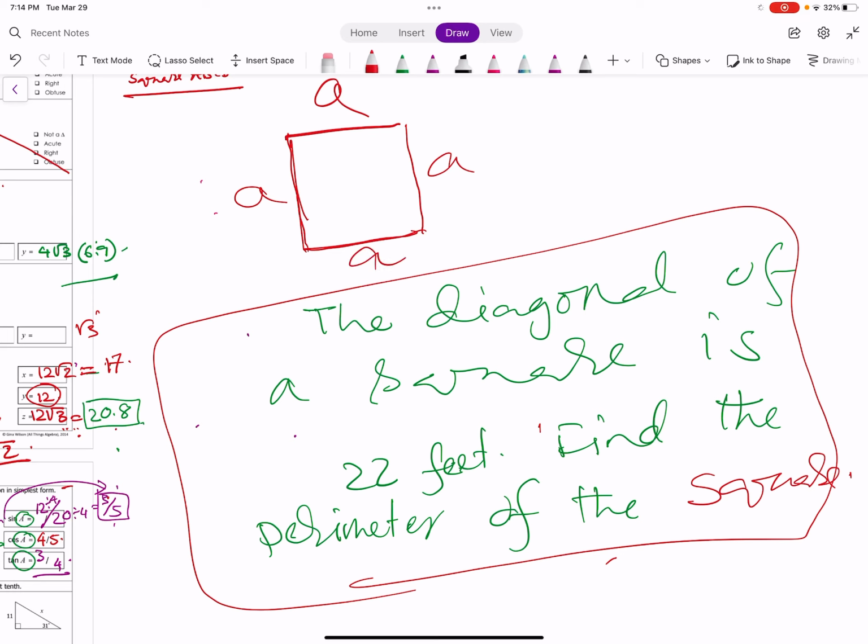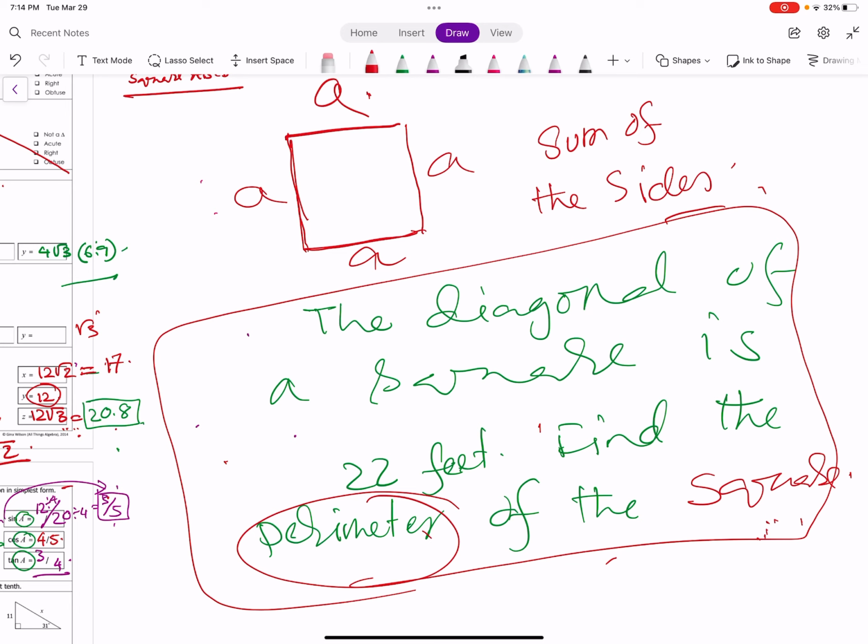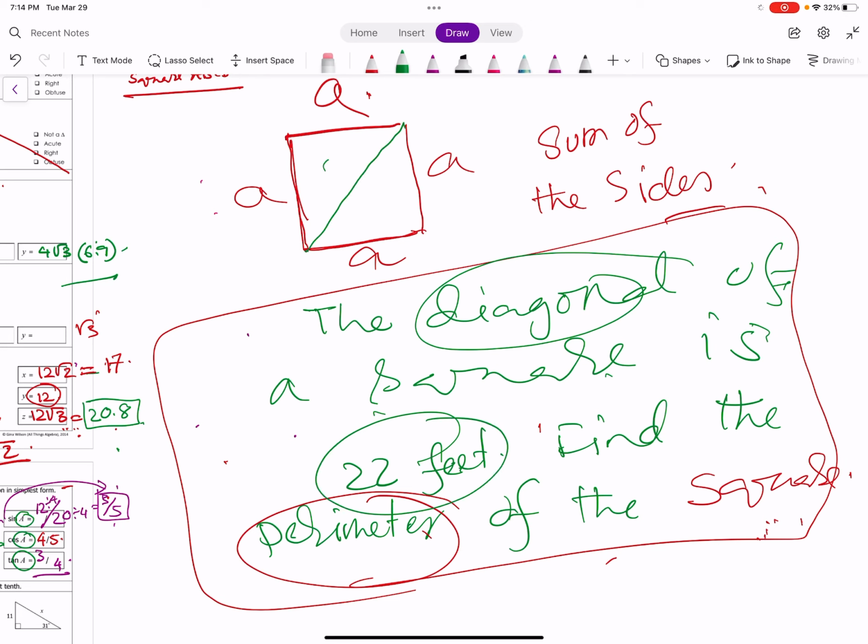Because you need the perimeter. The perimeter means the sum of the boundary line, the sum of the sides. So identify the sides. They said the diagonal of the square is 22. So draw the diagonal this way, 22.